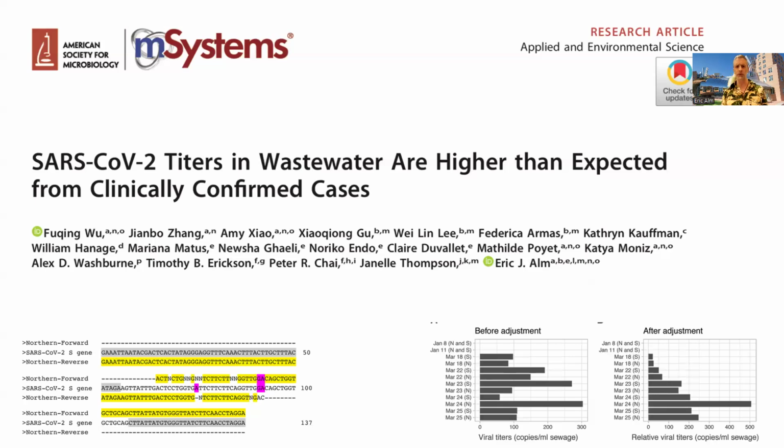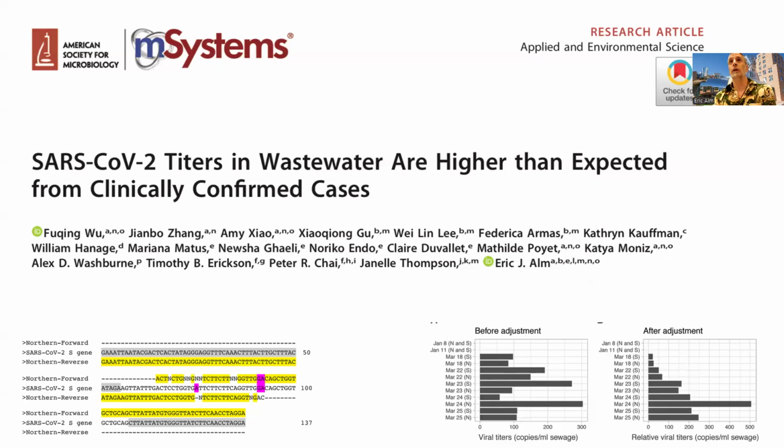In one of the first papers that we had out, and this was the first time that anyone had actually sequenced COVID in wastewater to really prove it was there, what we found was based on how much shedding of the COVID virus we found from folks who were hospitalized for COVID, which is where we got all the clinical samples.